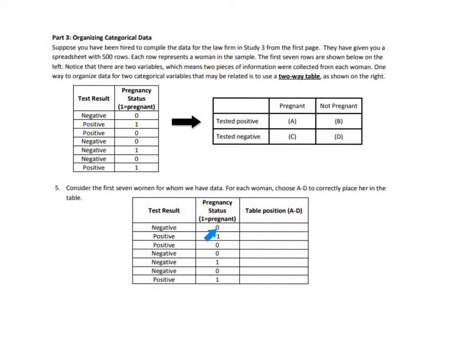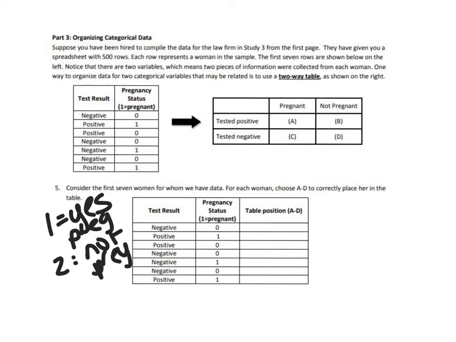They put a 0 here. Basically, think of a 1 being a yes, you're pregnant, and a 0 meaning you're actually not pregnant. I don't know why they did zeros and ones, but I guess they didn't want to confuse positive and negative and yes or no. So I guess that's why they did it.